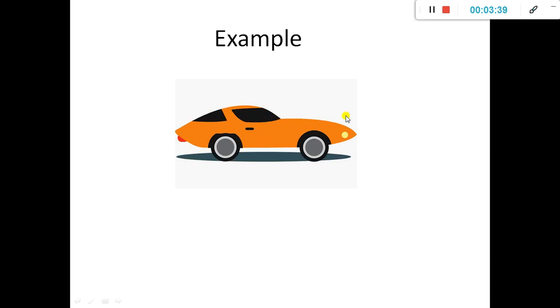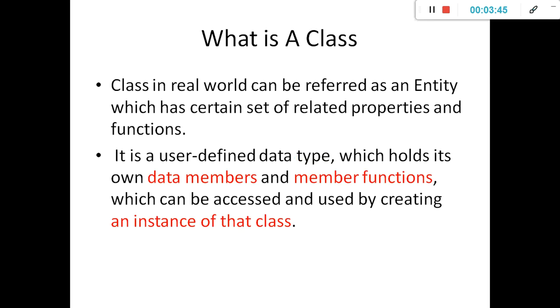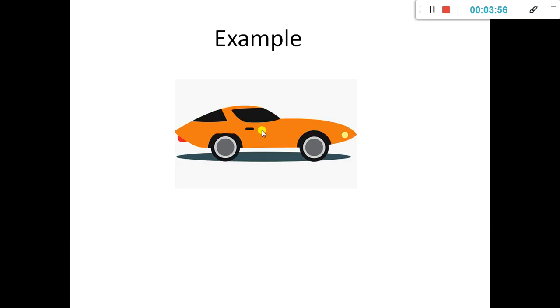Now let's see an example first. Consider this particular real-time entity, a car. As the definition says, it's a real world entity which has a certain set of related properties and functions. Consider a car which has a certain set of properties.